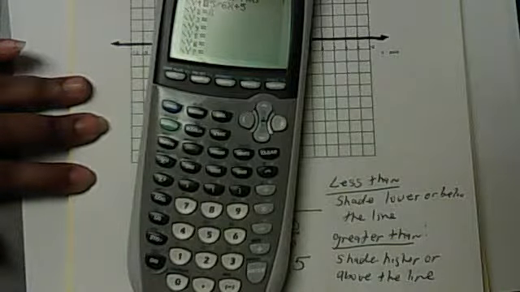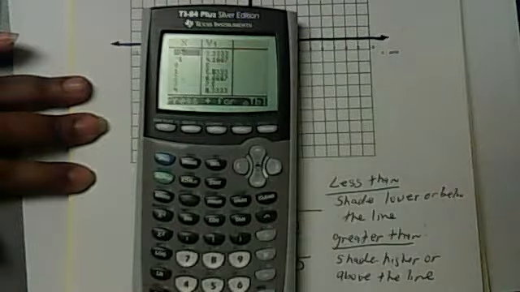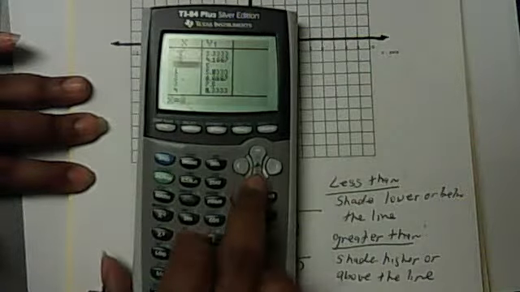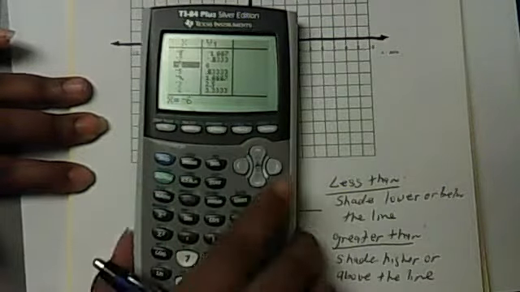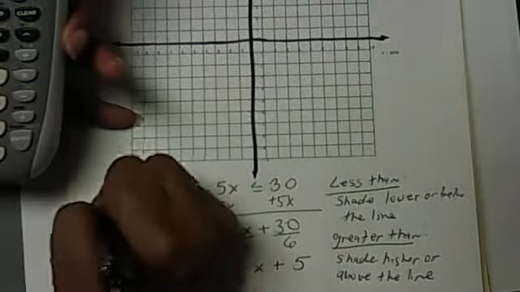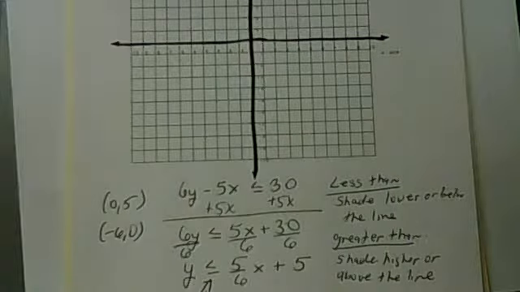And then I'm going to find me 2 points. Go to the table and find me 2 points. I have 0, 5 as one of my points. And then negative 6, 0. So 0, 5 and negative 6, 0 are 2 of my points.